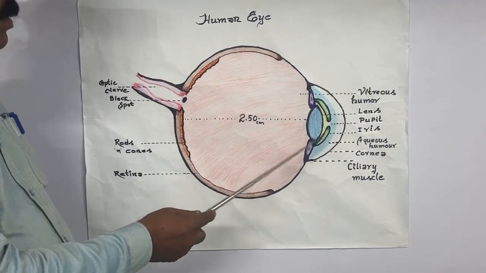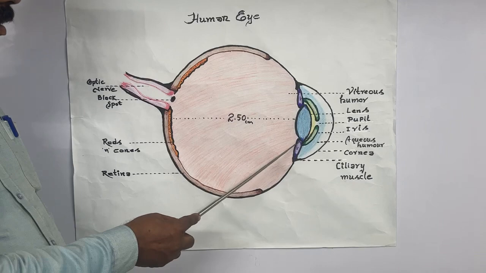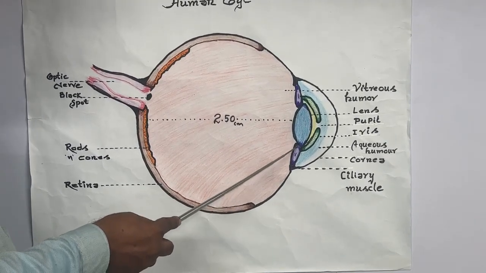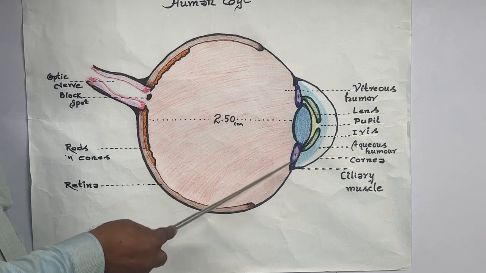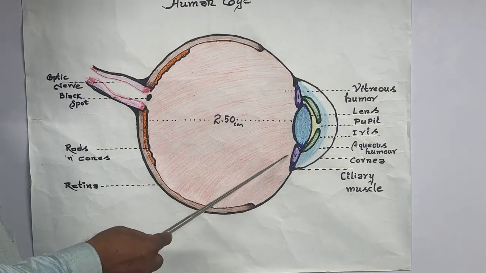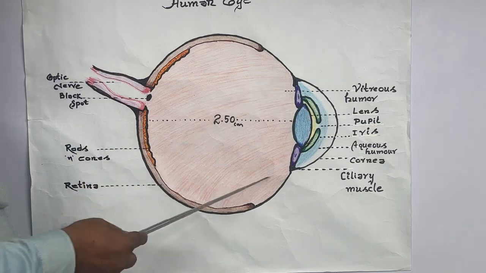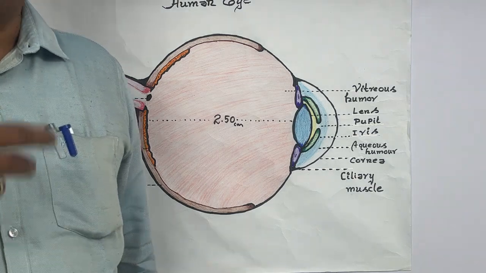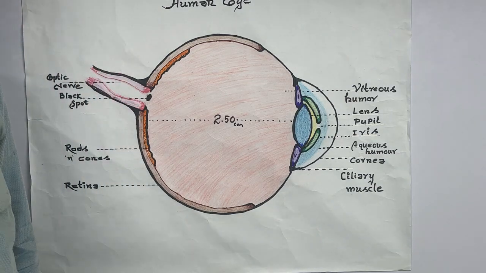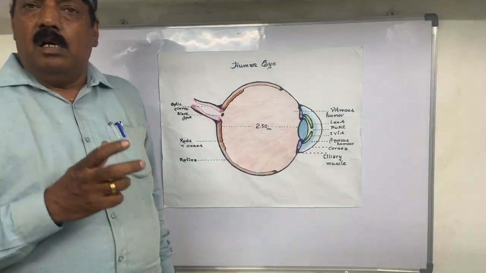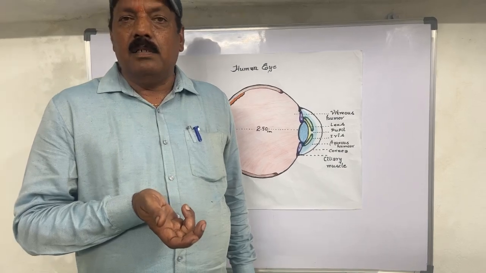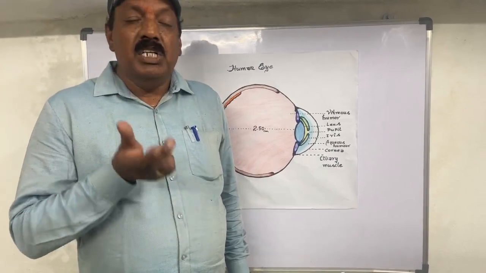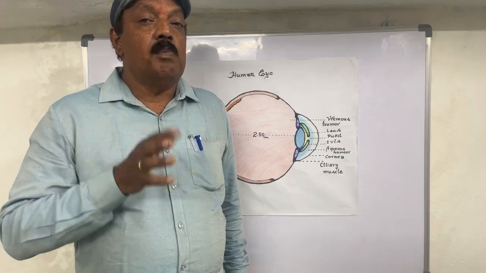Now, thereafter, we have another important part: the ciliary muscles. These ciliary muscles hold the lens firmly and perfectly. Their main function is accommodation. For example, if I want to see a huge statue, like B.R. Ambedkar's, Sardar Vallabhbhai Patel's and Gautam Buddha's, I have to enlarge my eyeball.